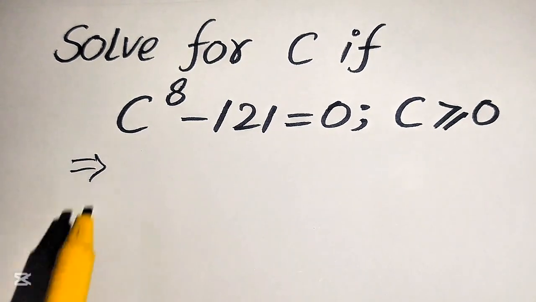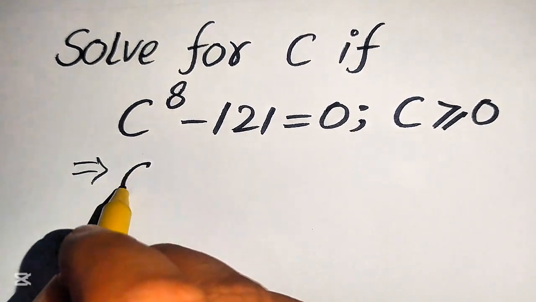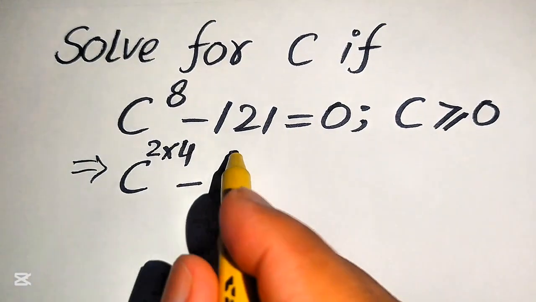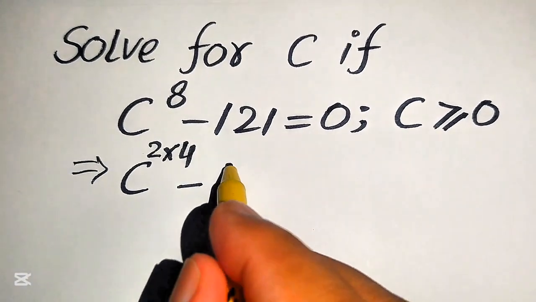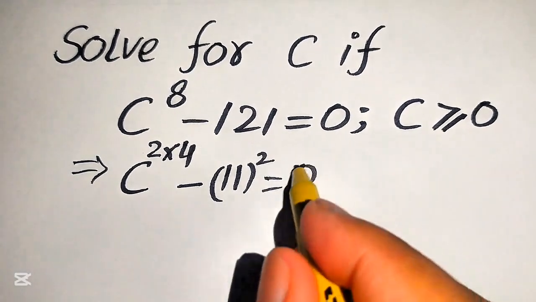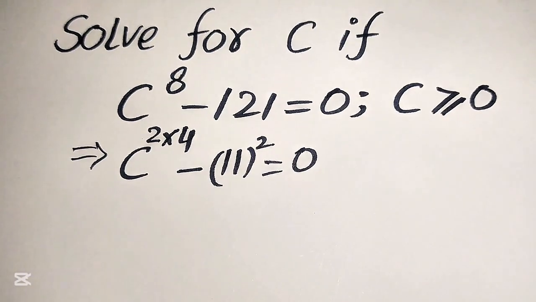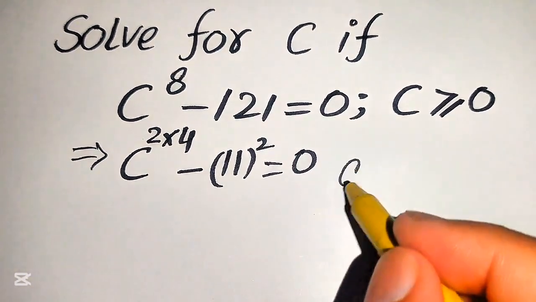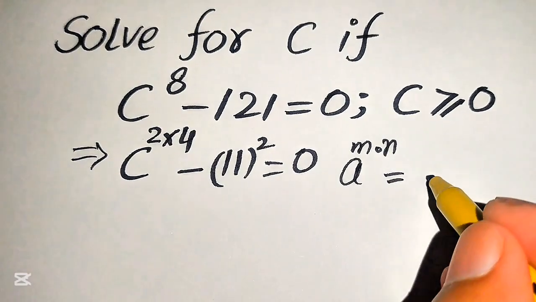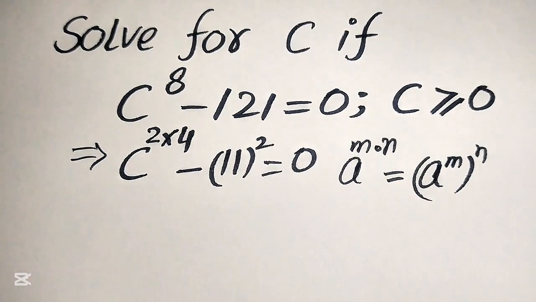We break the exponent of this term, which is 8, and write it as c to the power of 2 multiplied by 4, and minus we write 121 as 11 square, and this whole equation equals 0. Now in the next step we use the exponent law: a to the power of m times n equals a to the power of m, to the power of n.